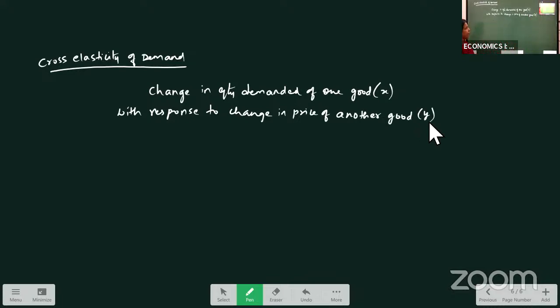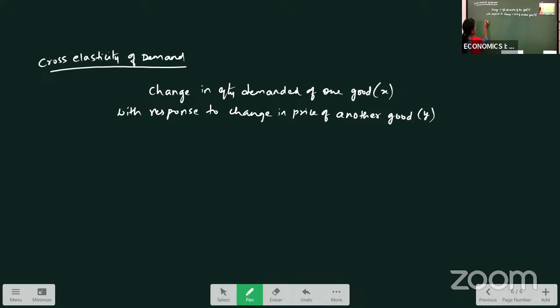Related goods may be either substitute goods or complementary goods. So in this case, what will happen? When there is a change in price of one commodity, the other commodity's demand changes.